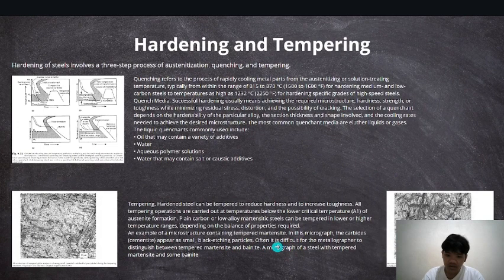It is difficult for the metallographer to distinguish between tempered martensite and bainite. A micrograph of a steel with tempered martensite and some bainite.